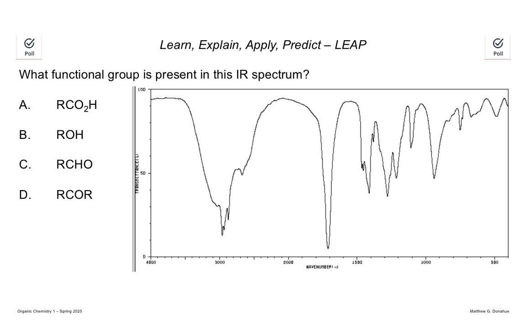We have 15 spectra we'll look at. I'll give you about a minute and a half for each one before I go to the next one. What I want you to do is look at the spectra and see if you can figure out what functional group is present. When we're done, you'll hand in to me one sheet and one sheet only. Every answer you get correct, I'll give you 1 bonus point for.